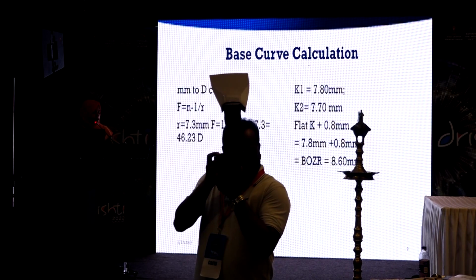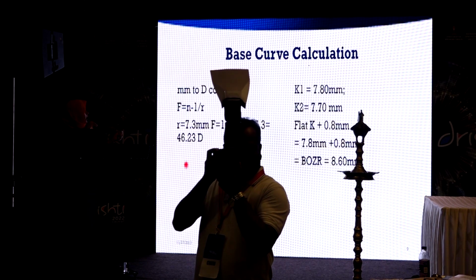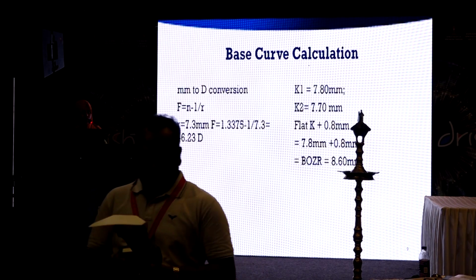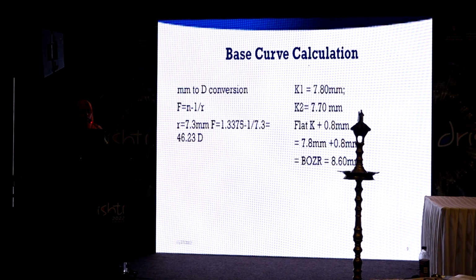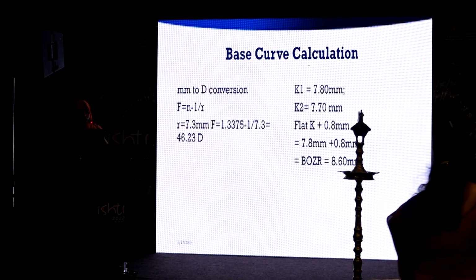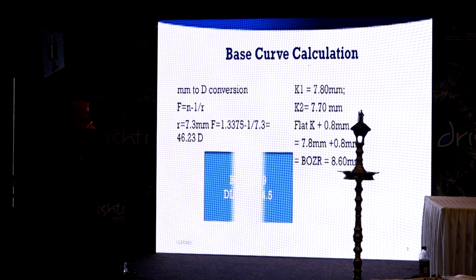So these are the basic conversions for base curve calculations, where we have diopter conversions. It is done with F equals (n minus 1) by r, where we get the dioptric value. We can do the reverse to convert from dioptric value back to radius. For example, there is a K1 of 7.8 and a K2 of 7.70.